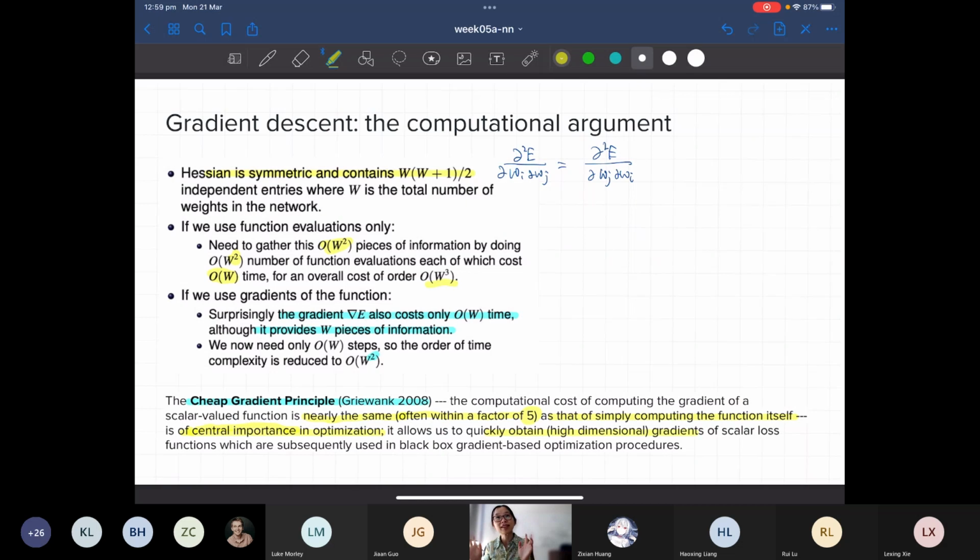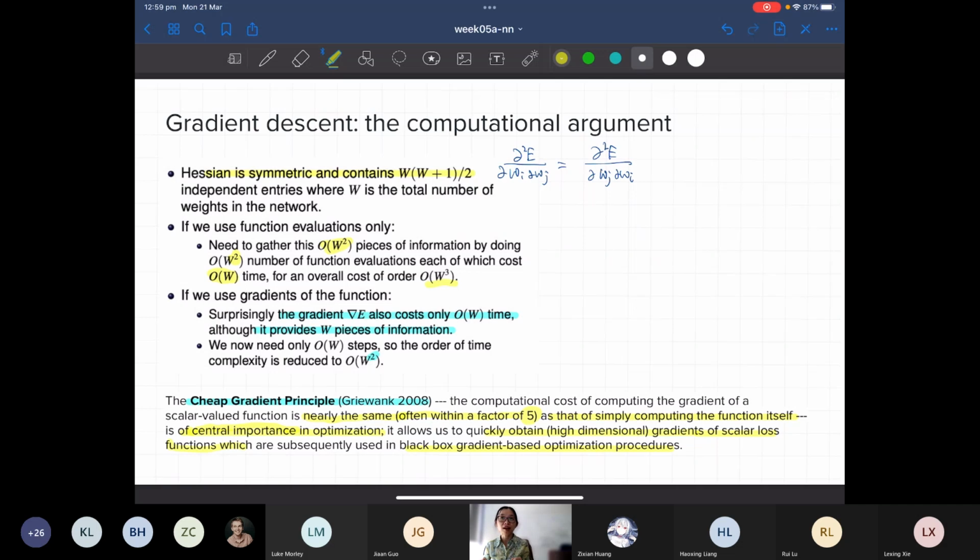Computing a million-dimensional gradient is not so bad anymore because it's simply the same as computing the original function. So we can obtain high-dimensional gradients of scalar loss functions, which are subsequently used in black box gradient-based optimization procedures, aka your PyTorch, TensorFlow, and so on and so forth. So this is one piece of nice numerical computation in modern machine learning.